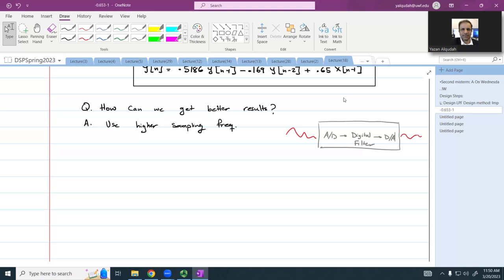Okay. So we're going to see what happens if we change the sampling frequency from 40,000 to 200,000. So we're going to look at what happens when Fs is equal to 200,000, and therefore T is equal to 1 over 200,000.